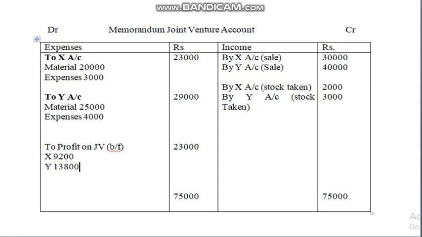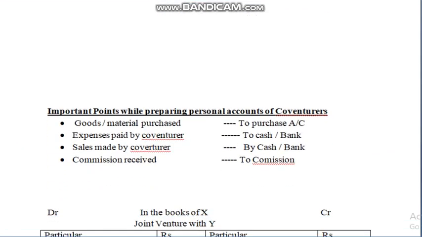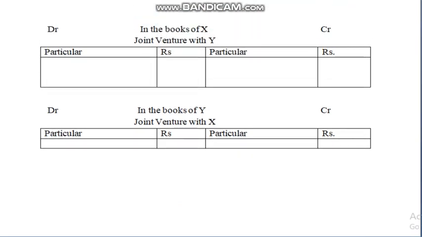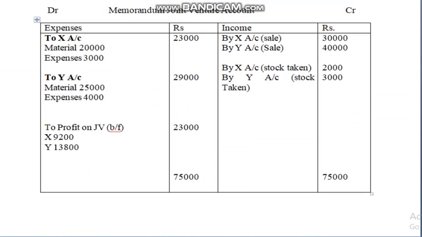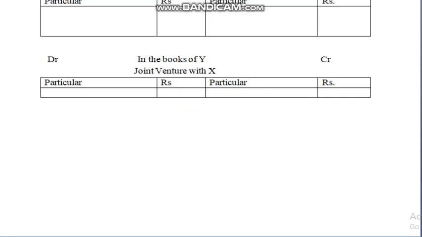Now move on to the personal accounts of X and Y. In the books of X, we should record only the transactions relating to Mr. X. In the Memorandum Joint Venture account, the first transactions relate to Mr. X: first material, the second expenses. Any material or goods should be debited with purchase.